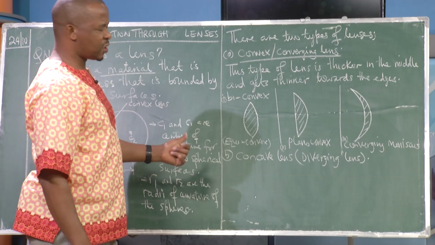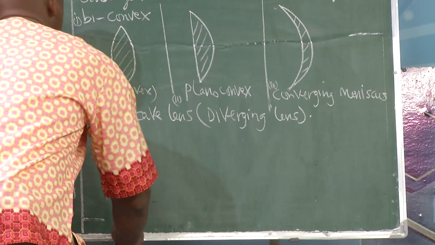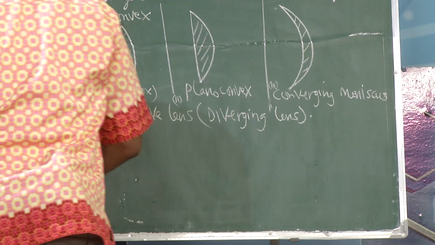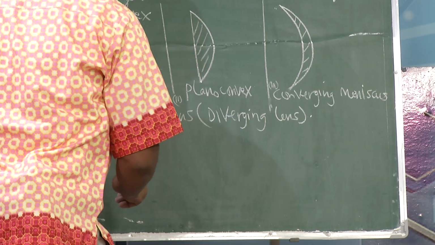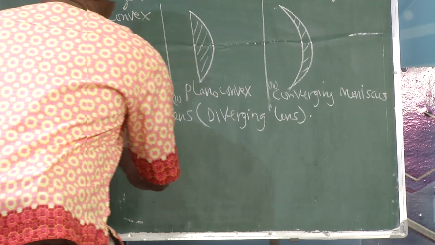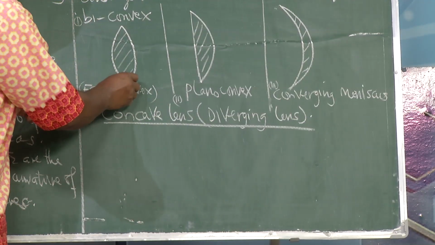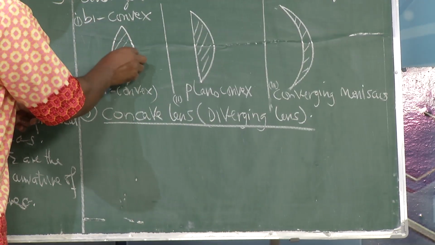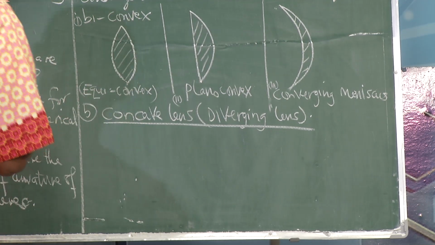The words converging and diverging are opposite. Now for the concave lens, we have the biconcave. Before we look at the diagrams, we said the convex lens is thicker in the middle and becomes thin as you move towards the edges.